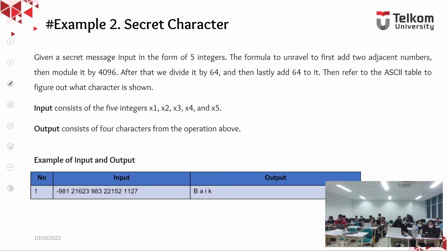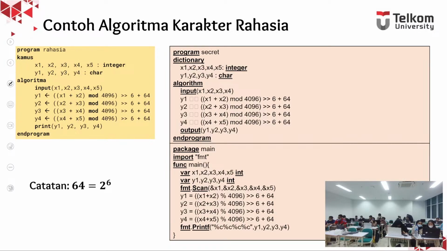Okay, and then we translate this operation. And the last thing to do for the instruction is to reveal what character it corresponds to. Okay, please see the next slide. So these are the input. We have 5 integers, right? And then this is the translation of all those operations and the description.